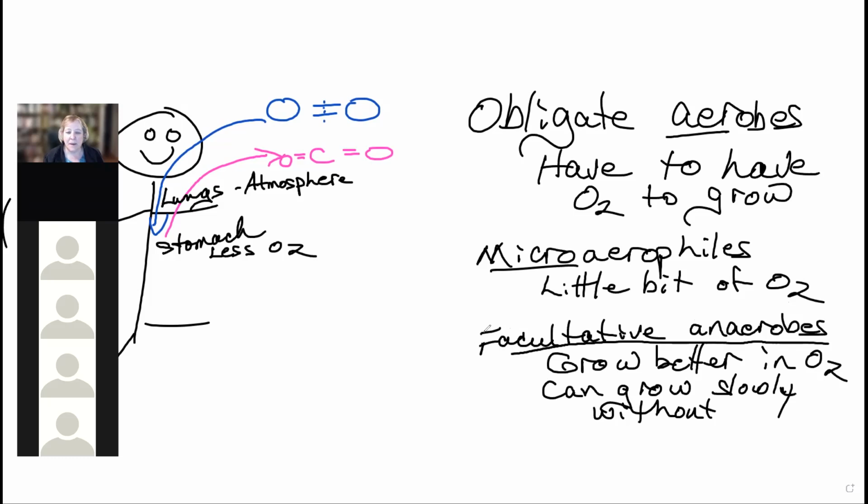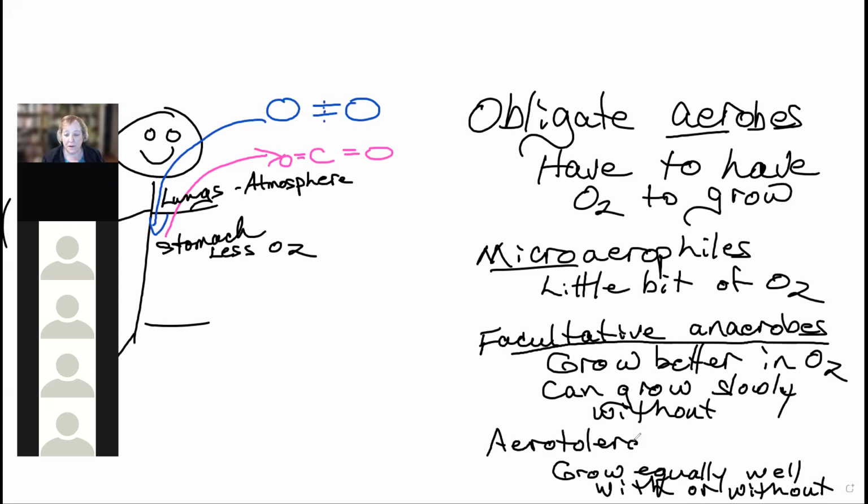There are other microbes that grow equally well with or without oxygen, and those are aerotolerant anaerobes. In other words, they don't use oxygen, but it doesn't kill them.